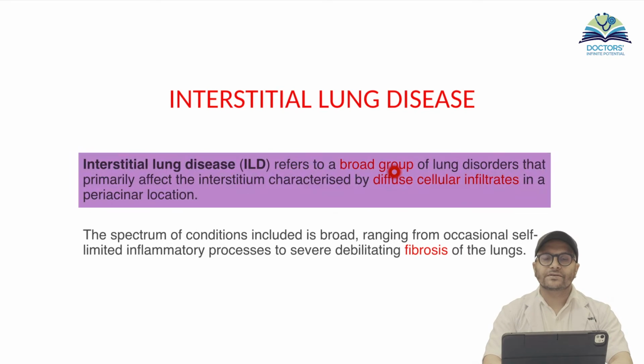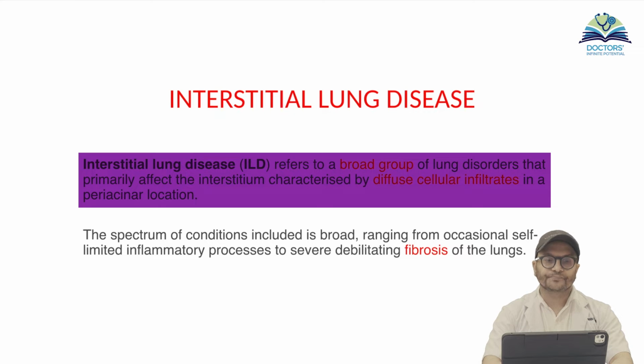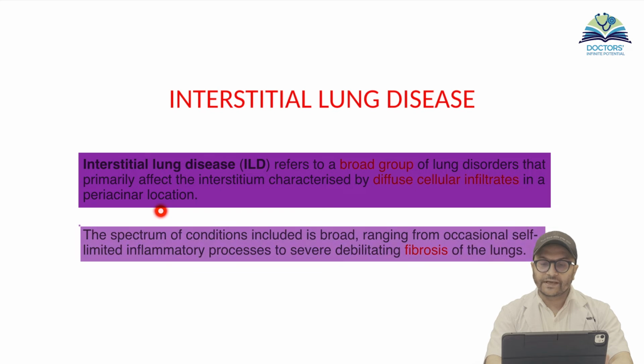So let's discuss about interstitial lung disease. Interstitial lung disease is a broad group of lung disorders that primarily affect the interstitium, characterized by diffuse cellular infiltrates in a periacinar location, which is the functional unit of lung for gaseous exchange. It may range from occasional self-limiting inflammatory processes to severe debilitating fibrosis of the lungs.